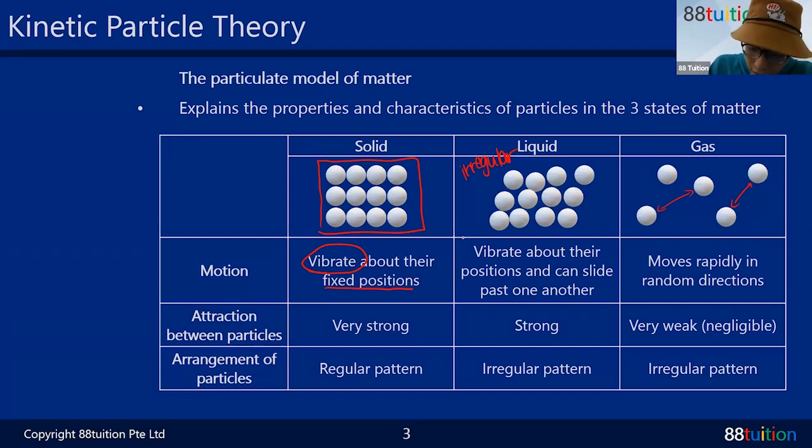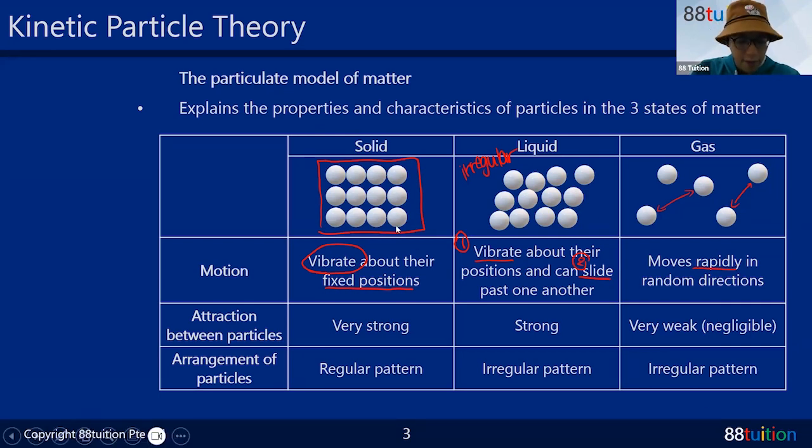That's the first type of movement. The second type of movement is that they can slide past one another also. So this is number two: vibrate and even slide past one another. Then for gas, they move rapidly and randomly in all directions because they are not attached to one another anymore. They are free, so they can fly everywhere.